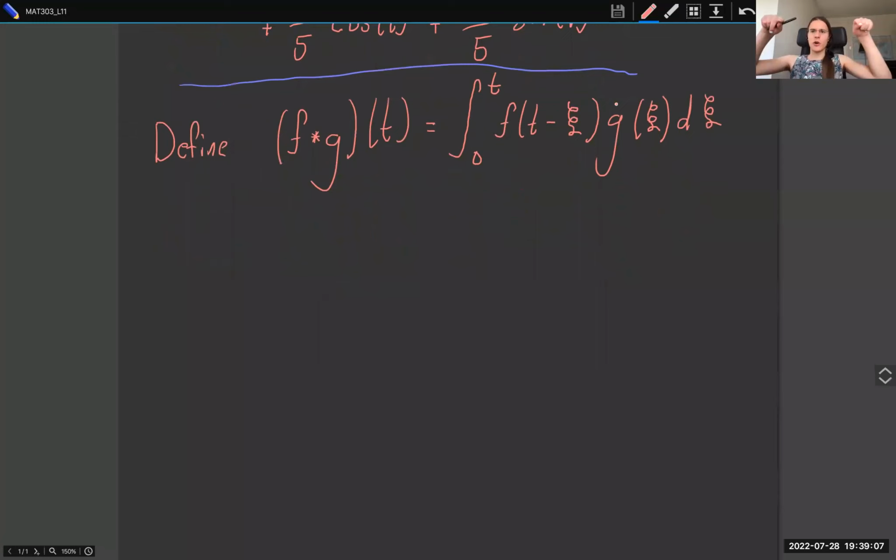So we're going to start basically at opposite endpoints from 0 to t, and then we're going to integrate the product as it goes backwards. And then t is the bound here, and so this is known as the convolution of f and g.